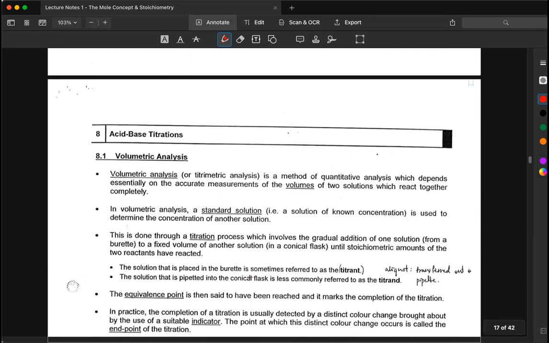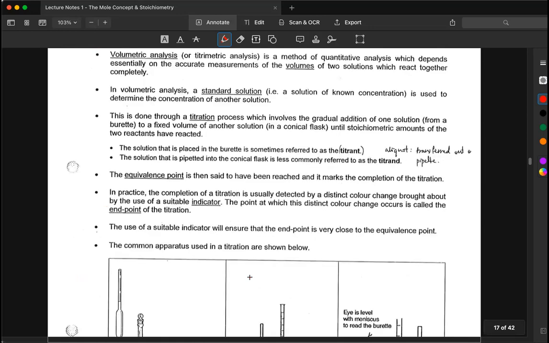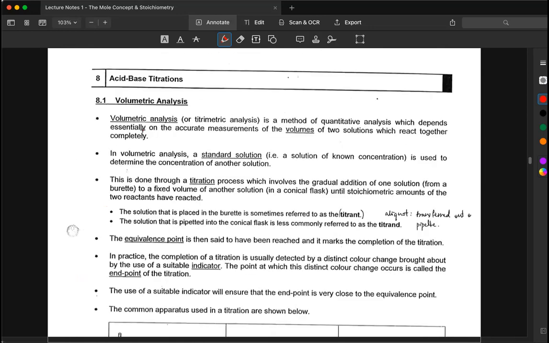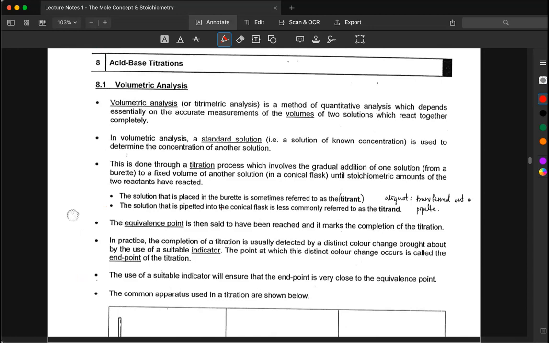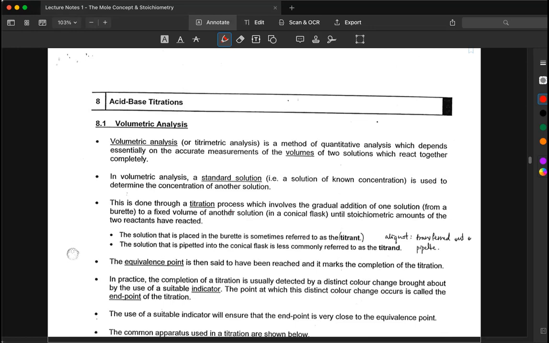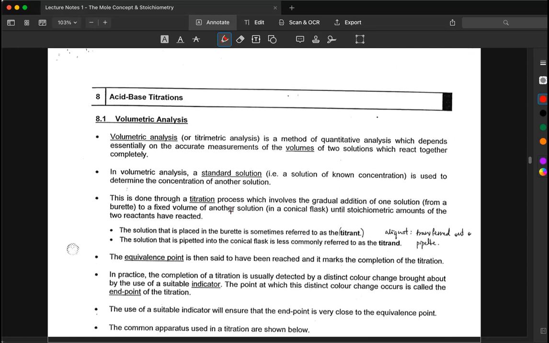Now, you definitely have done titration in your O level. What is different is the word standard solution. The rest of it should be familiar. So the solution that is placed in the burette is referred to as the titrant. The one in the conical flask, pipetted out, is called the titrand. Yeah, so the spelling is different.